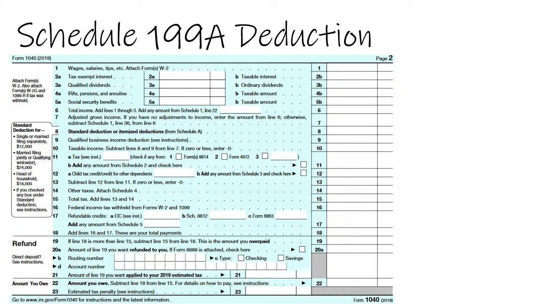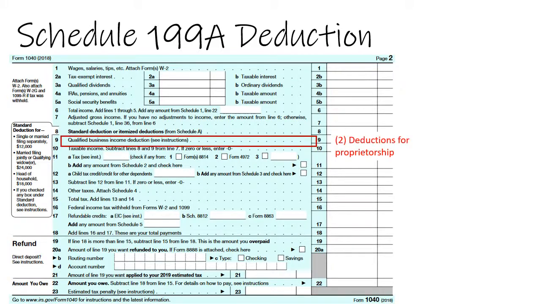Now that we've talked generally about the revenues from a proprietorship and the expenses of a proprietorship, as well as one of the special provisions for home business offices within a proprietorship, let's talk about another provision that the Tax Cuts and Jobs Act of 2017 provided for sole proprietors.